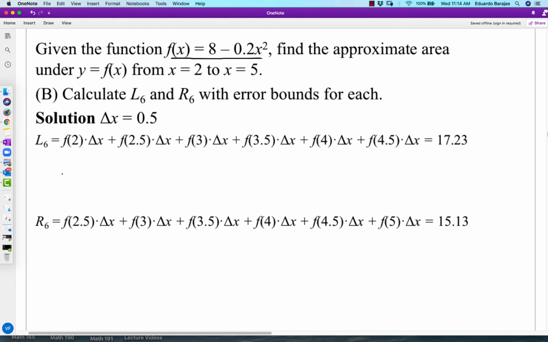This f of 2 is going to be equal to 8 minus 0.2 times 2 squared. And then we multiply that by 0.5. So all of this will give me the area of the first rectangle. Plus, and now we do the same thing with 2.5.